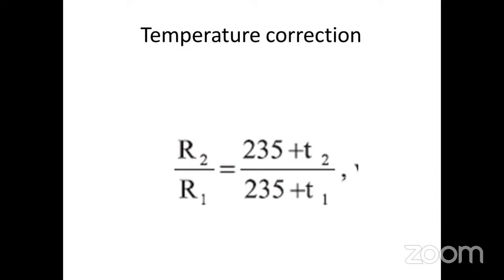Resistance is not constant always. Resistance varies with the temperature. Positive temperature resistance coefficient, you must have studied in our college days. See, R2 by R1 is equal to (235 plus T2) divided by (235 plus T1).